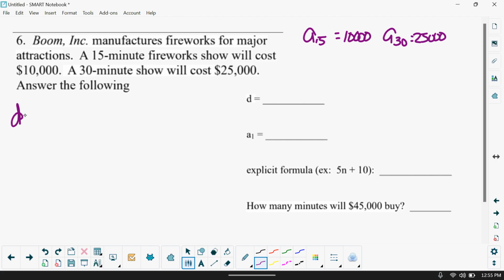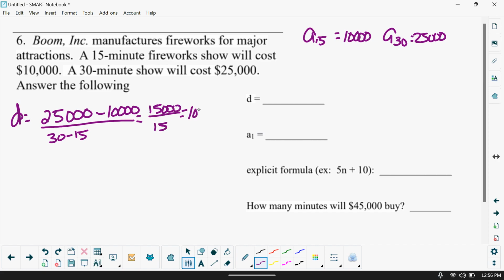So d is where we're going to subtract the second, divided by first, and then 30 minus 15. So this is going to be 15,000 divided by 15. So 1,000. Still a lot of money for fireworks. Personally, I'll just watch them on TV.